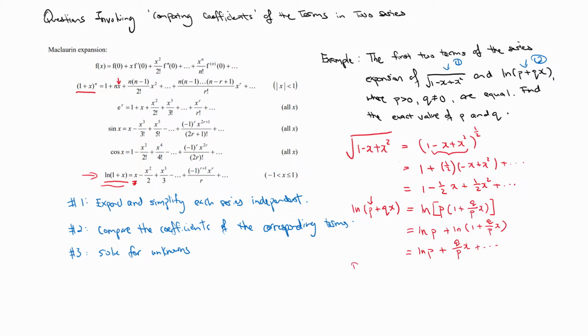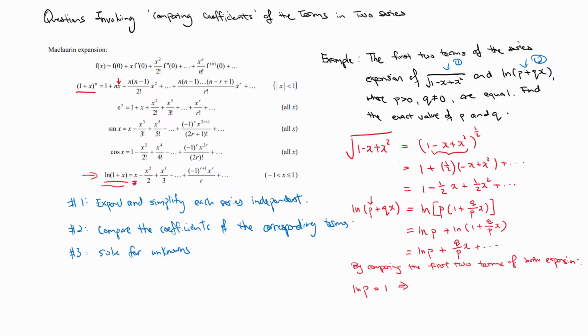By comparing the terms, or rather the first two terms of both expansions, ln p must be equal to 1. We can go ahead and solve this because this is actually quite straightforward.